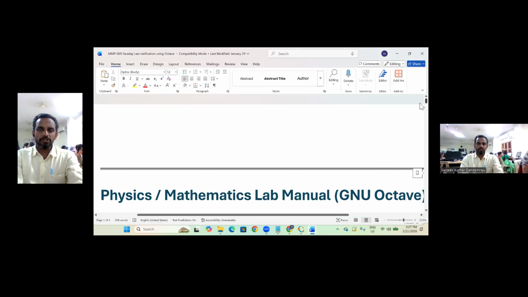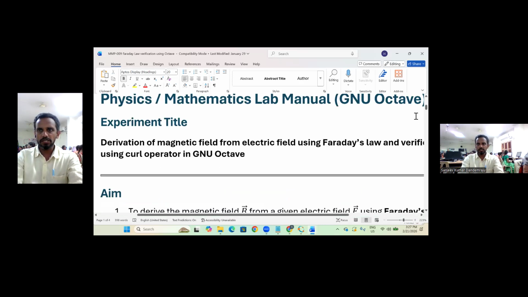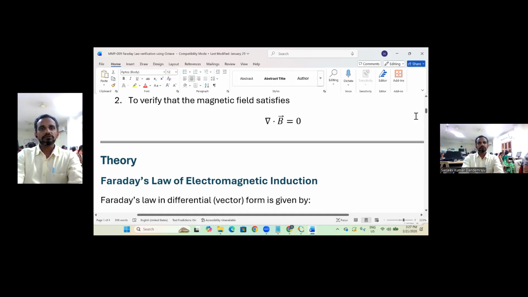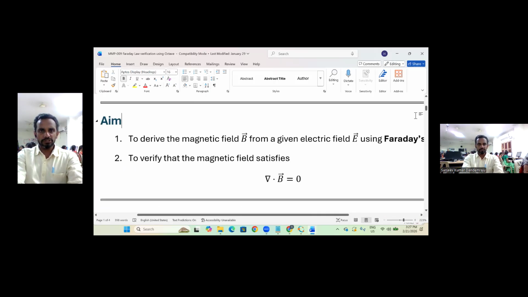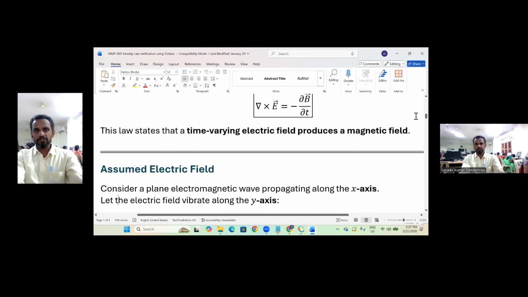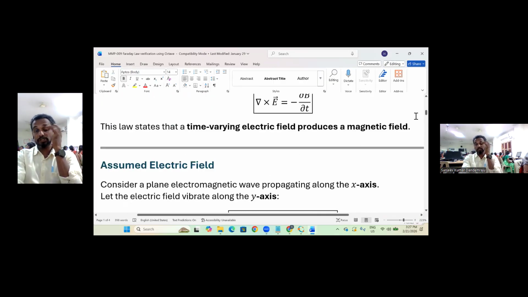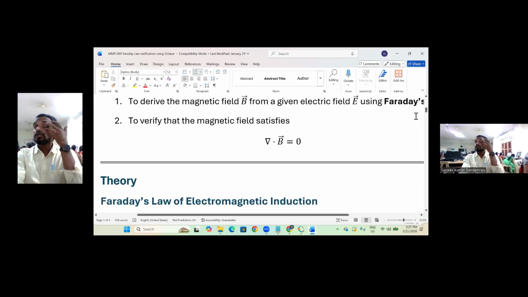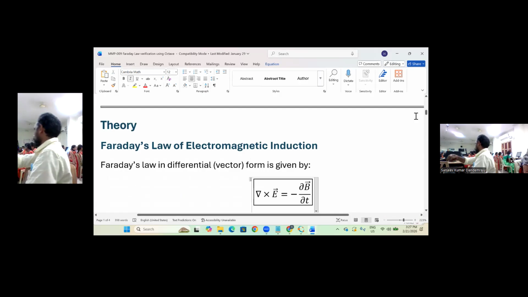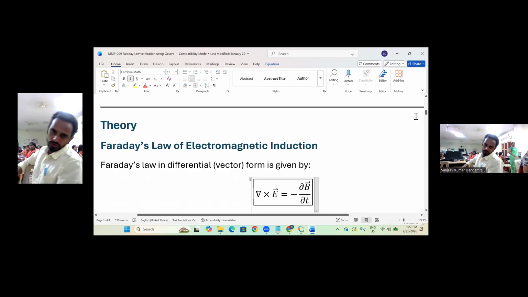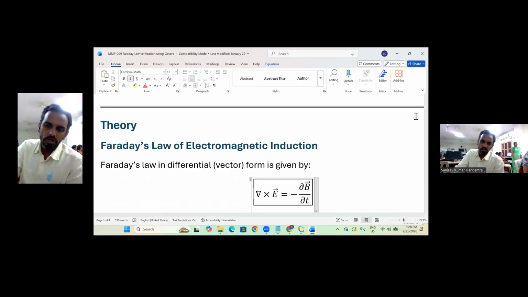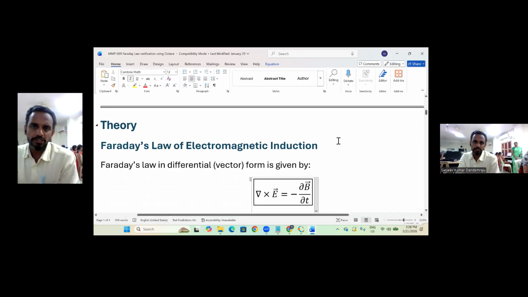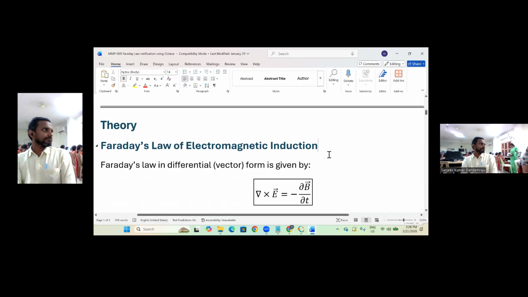So you might have come across Maxwell equations, or at least Faraday's law, Biot-Savart's law, all these things you might have come across in your intermediate. So now we're trying to verify the vector operations like curl, divergence, all those operations on this electromagnetic field vectors.